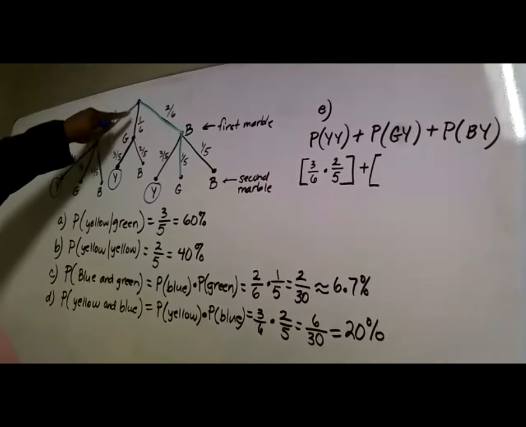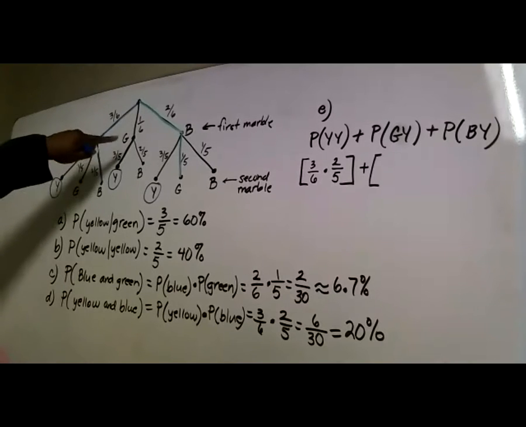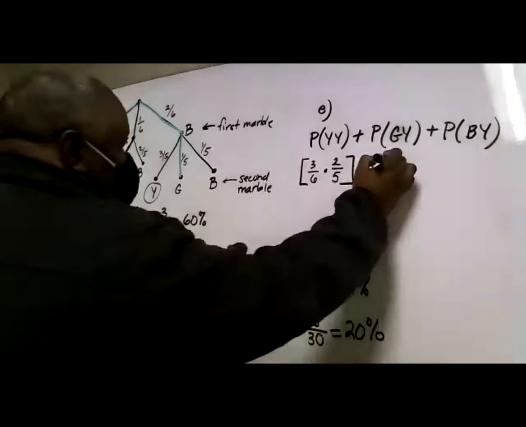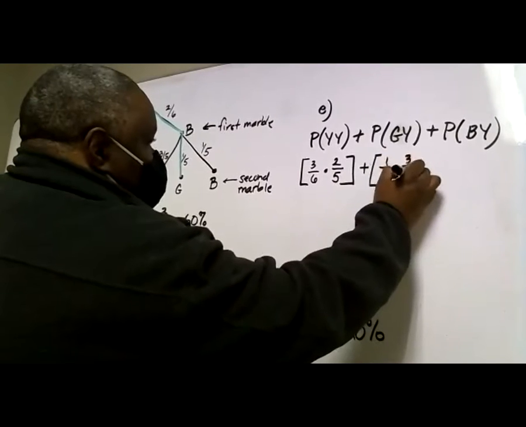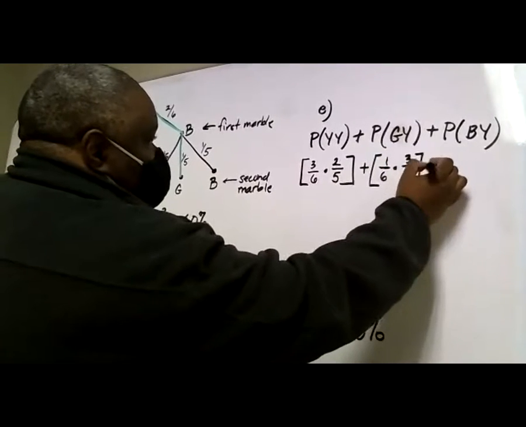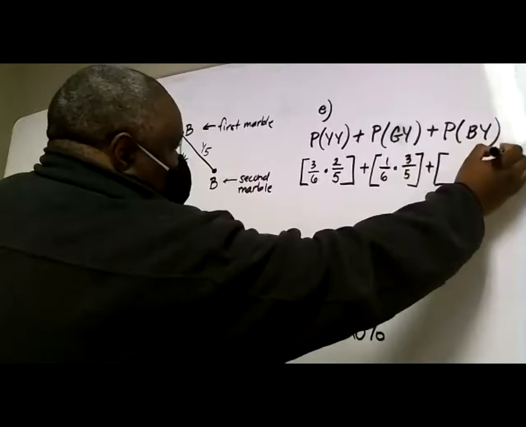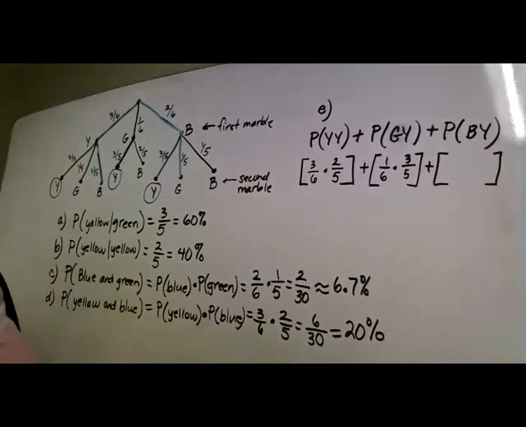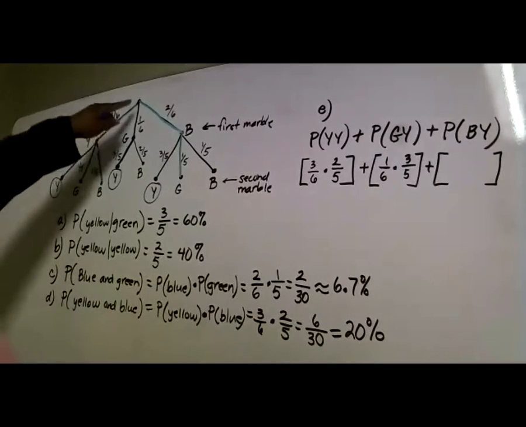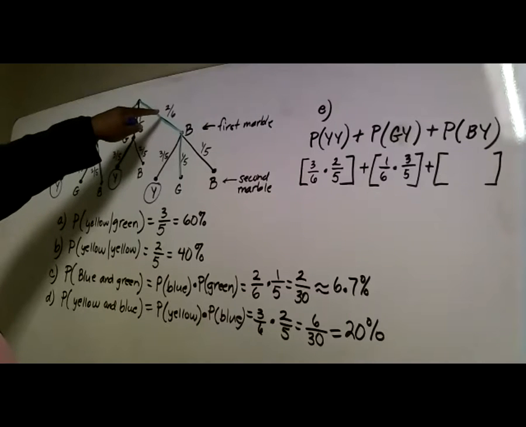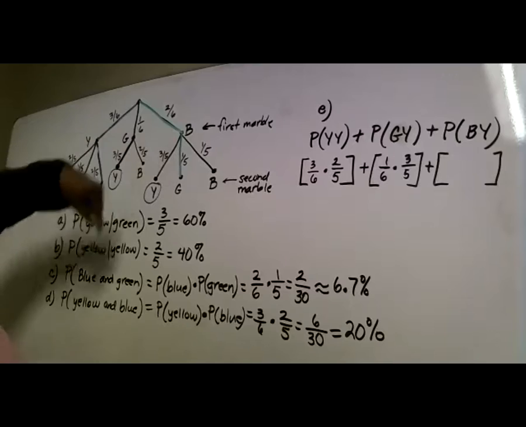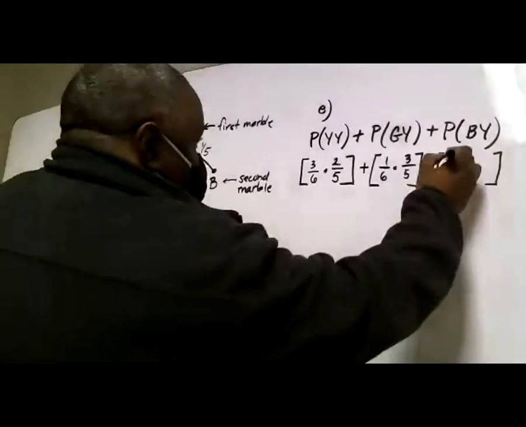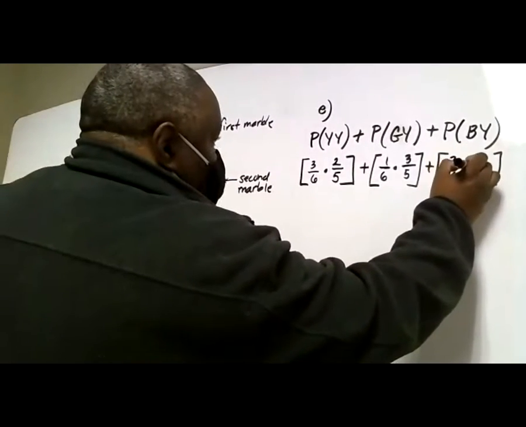So for green, that probability is 1/6, and for yellow is 3/5. So that's 1/6 times 3/5. And this last one here, the probability of getting a blue and a yellow. Well, for a blue, its probability is 2/6, and for yellow, it's 3/5. So it's 2/6 times 3/5.